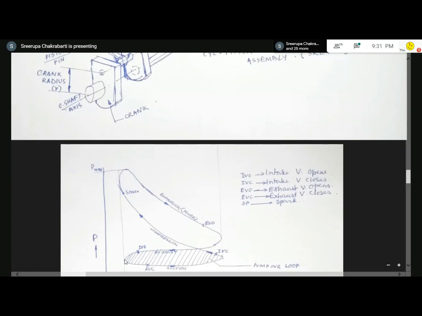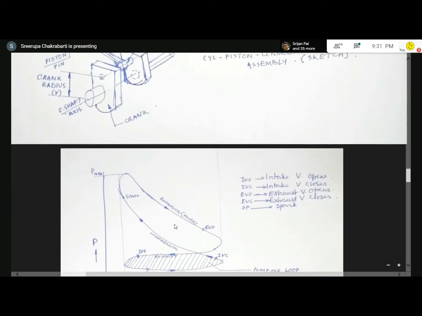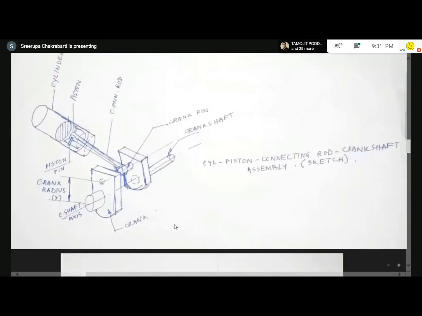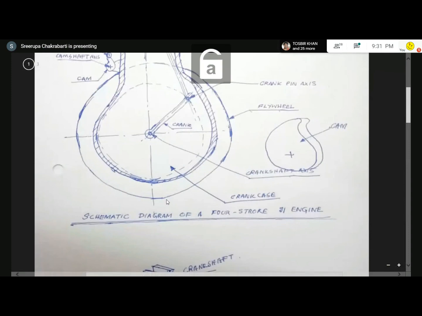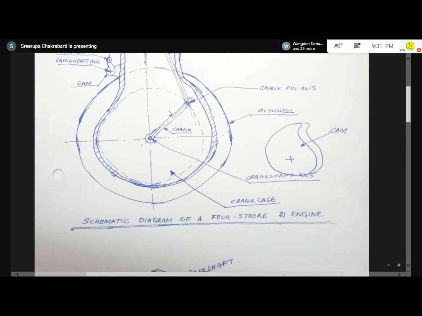If you correlate pressure-volume to pressure versus theta, the angle theta varies from 0 to 720 degrees for a 4-stroke engine. Now tell me, any questions you have?